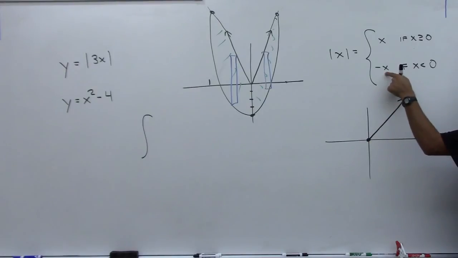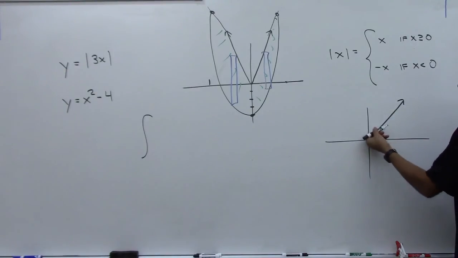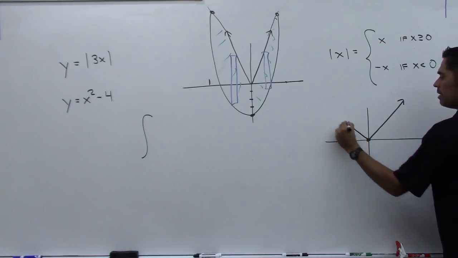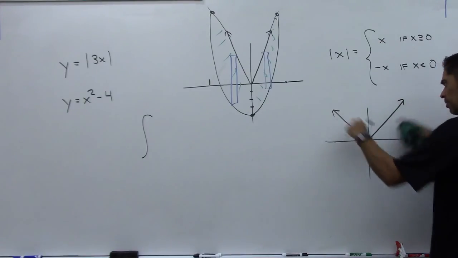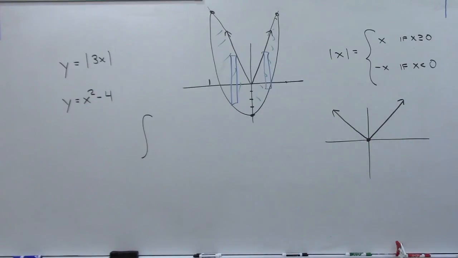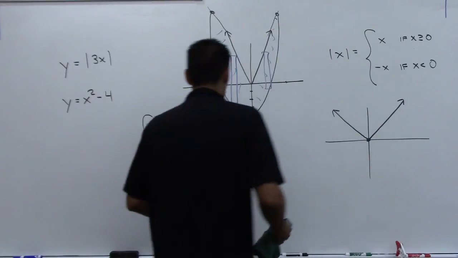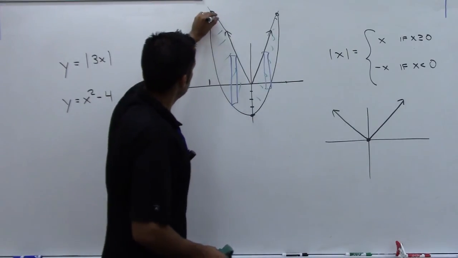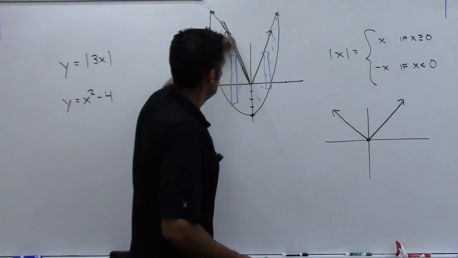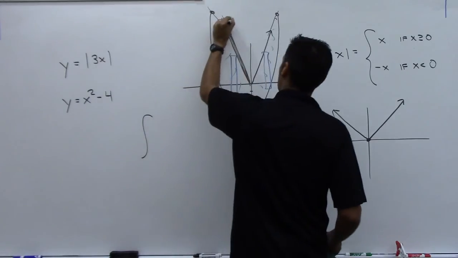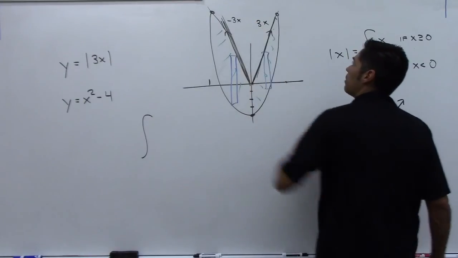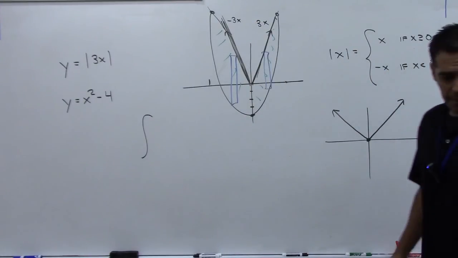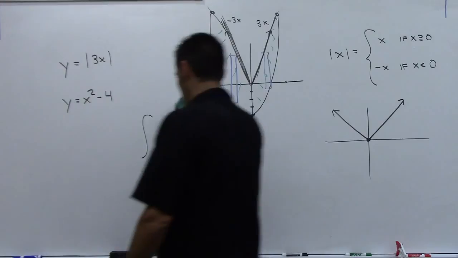If I asked you to graph negative x, you would draw this line with slope -1, so it would look like this, and that's only if x is negative, so you're drawing it only over here. If you put those two pieces together, you get the absolute value function. So when we do this integral, for this part of the curve, we're going to use -3x, and for this part, we're going to use positive 3x. We have to find their intersection points before I move on.